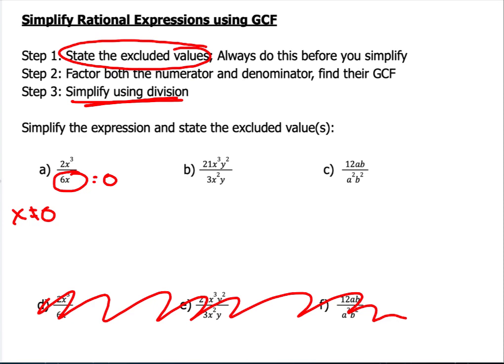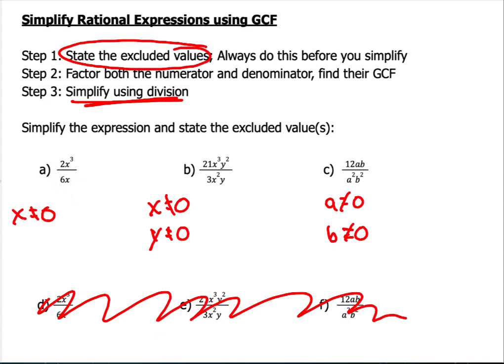Here I've got x's and y's, but since they're all being multiplied together, my excluded values are still going to be 0, because I can't multiply either of those things as a 0, otherwise it would give me a 0 in the denominator, and I can't have that. Same thing over here. I can't have a equal to 0 or b equal to 0, because then I would multiply and get 0, and I can't have 0 in my denominator.